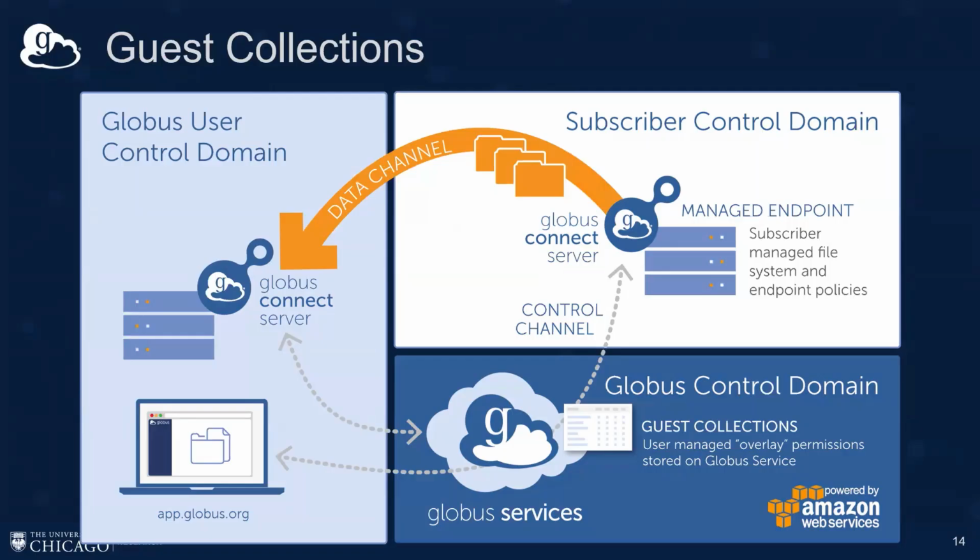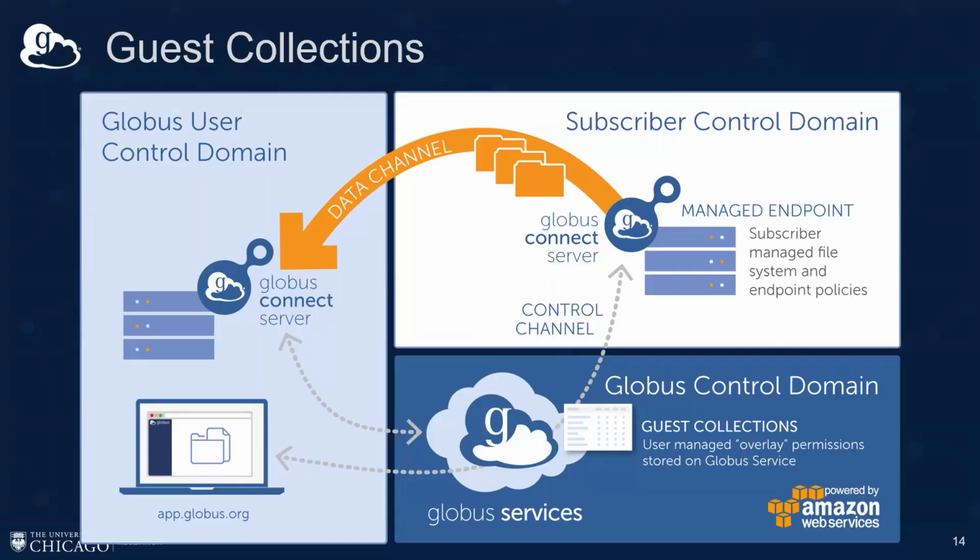There is someone who has an account on the local system, the sharer, who creates a kind of second entrance into part of that file system for their collaborator, the sharee.